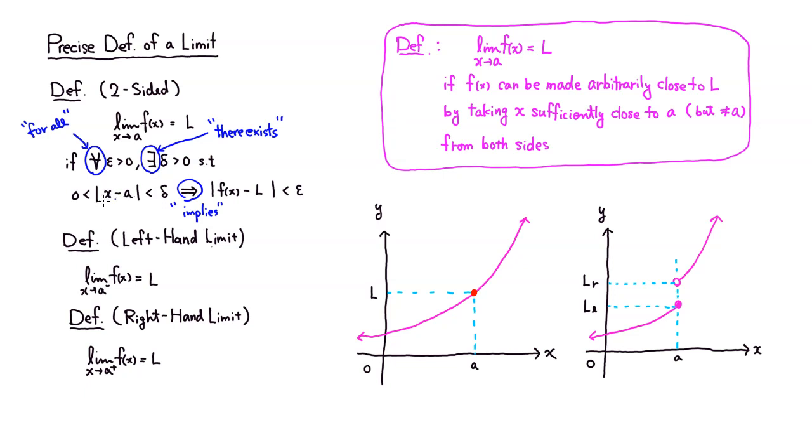If the distance between x and a is less than this delta, we can guarantee that the distance between the function value and the limit value is smaller than the given epsilon value. So this is a direct translation. I know it doesn't look very nice compared to the definition we had before.